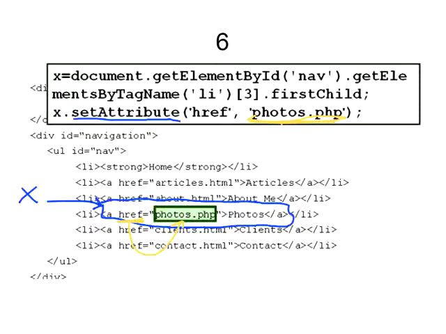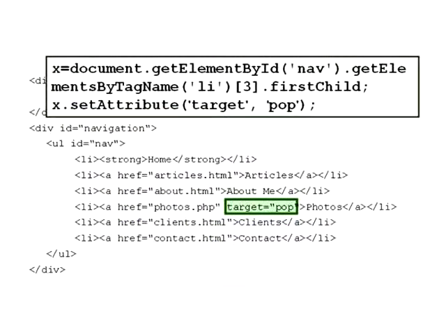So the value of our attribute will be updated. Is it clear? But if the attribute does not exist, in this case x.setAttribute creates the attribute target here. It's clear the difference between href and target. The first one, href, exists, so the value will be updated.